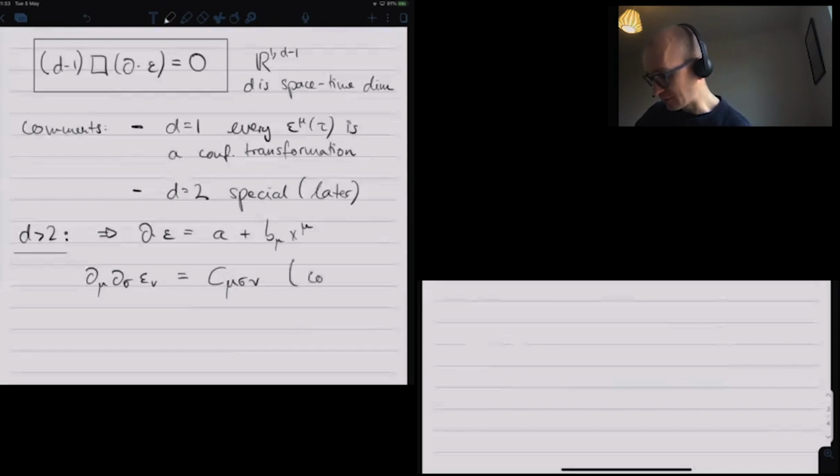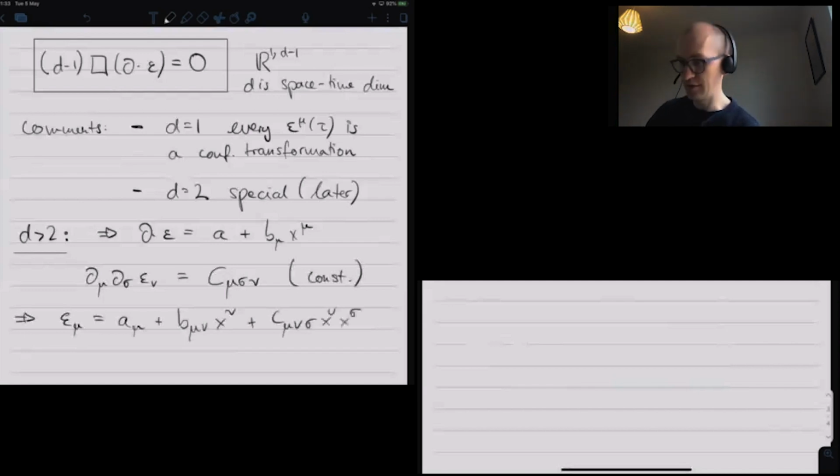And then, in order to satisfy this equation, the dagger equation, we take the solution ansatz that epsilon_mu is equal to a_mu plus b_{mu nu} x^nu plus c_{mu nu sigma} x^nu x^sigma.